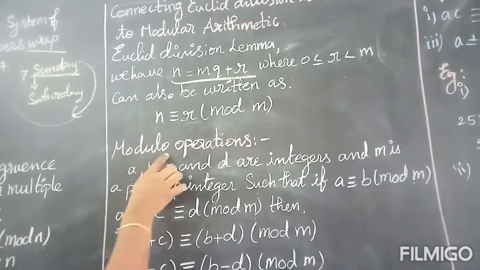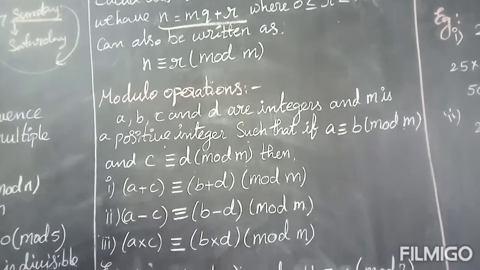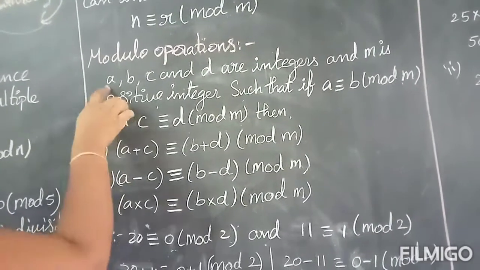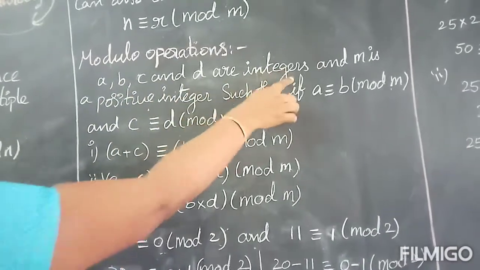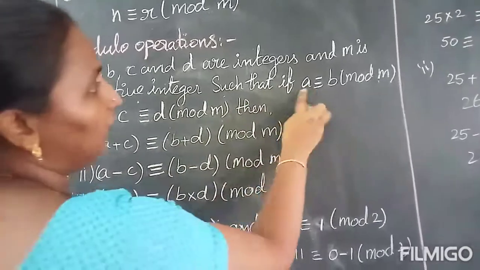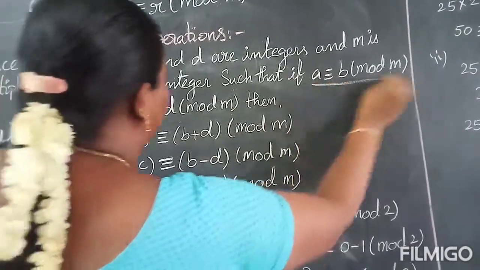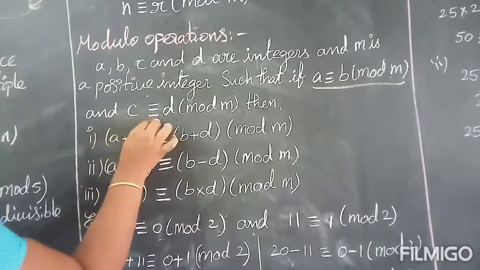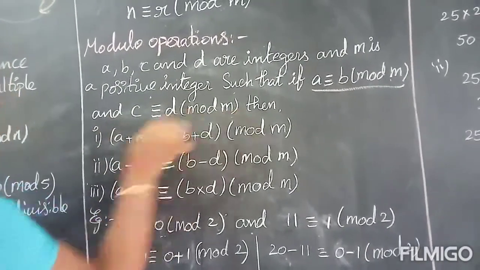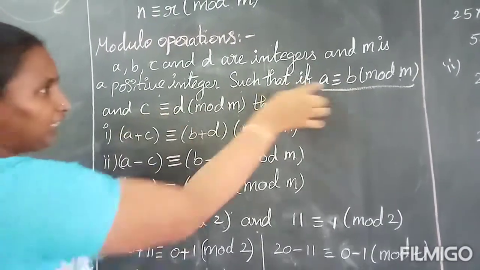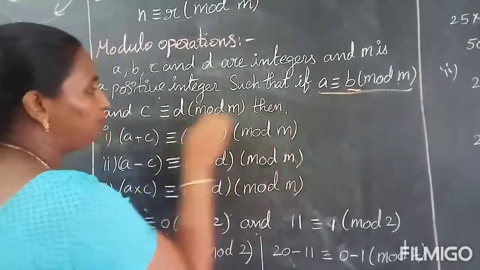Okay, next modulo operations. They given some operations here: addition, subtraction and multiplication. A, B, C and D are integers and M is a positive integer such that A is congruent to B mod M and C is congruent to D mod M. We are assuming this. So we are adding these two, A plus C. If you add these two, you have to add the remainders B and D also.